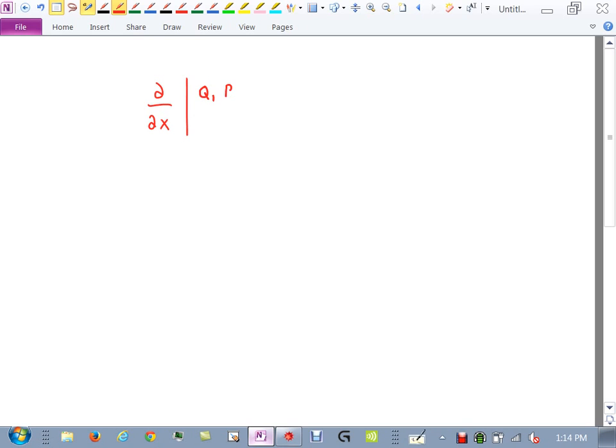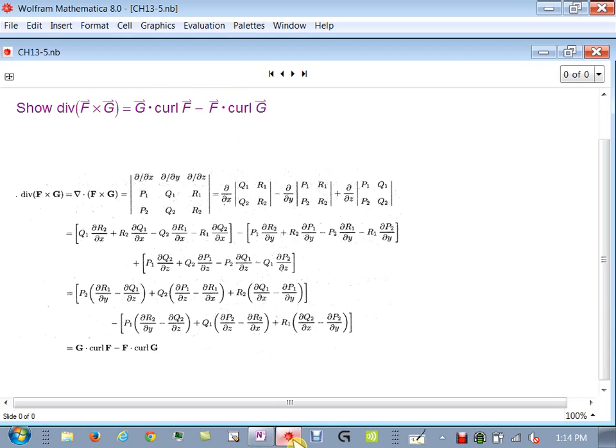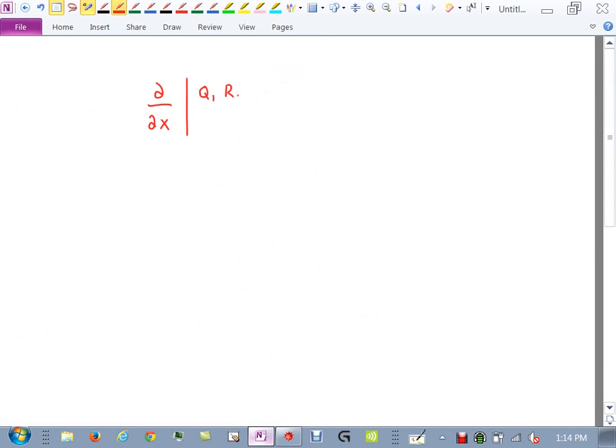We said that's the partial with respect to x of Q1, R2 minus R1, Q2. Agreed?